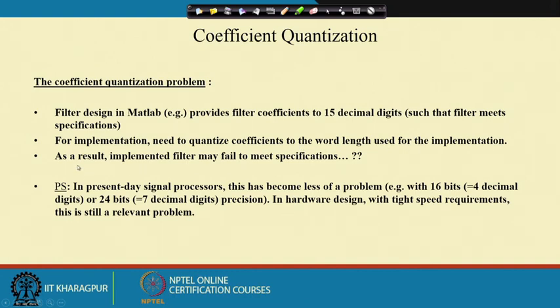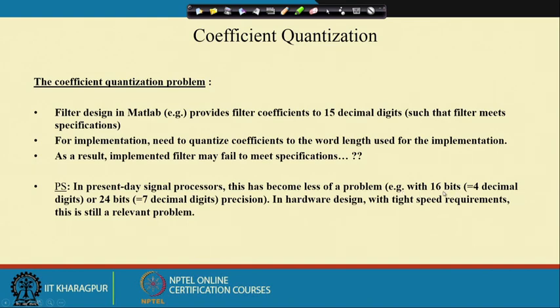So, the minimum word length of the coefficient needed to meet the constraints on the filter specification is something we can analyze using MATLAB.